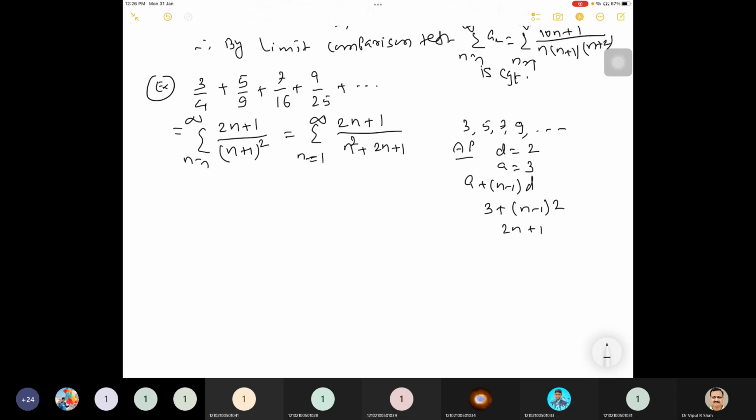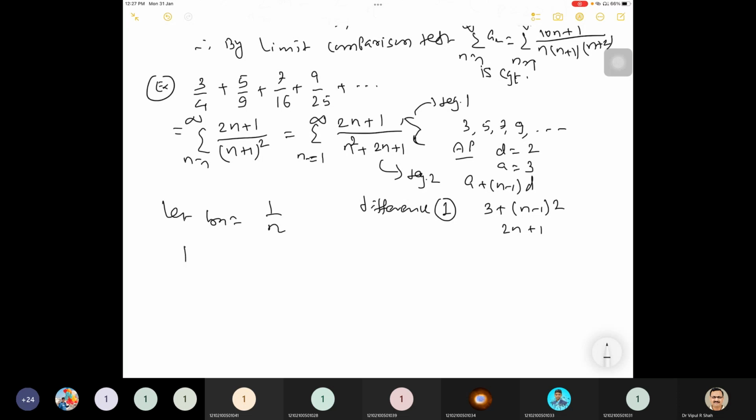Now see, what is the difference of degree? Here the degree is 1, here the degree is 2. What is the difference? 1. So let Bn be 1 upon n.